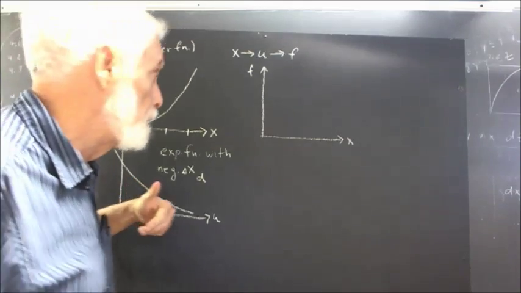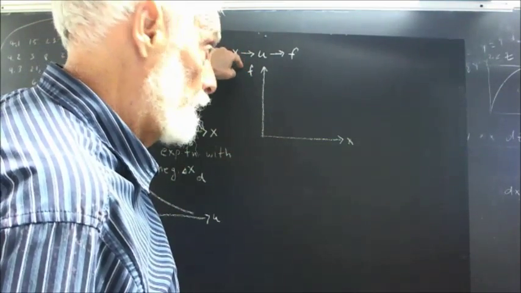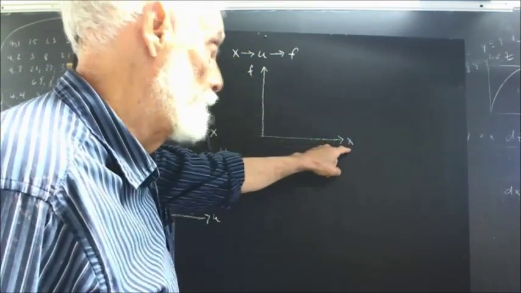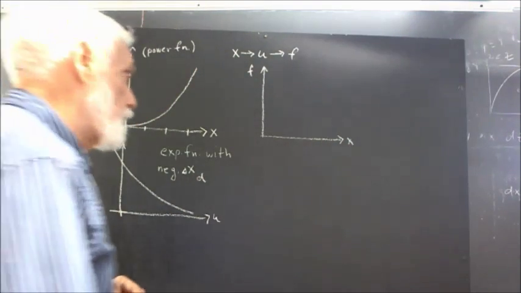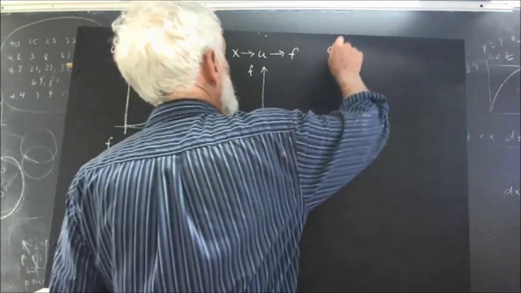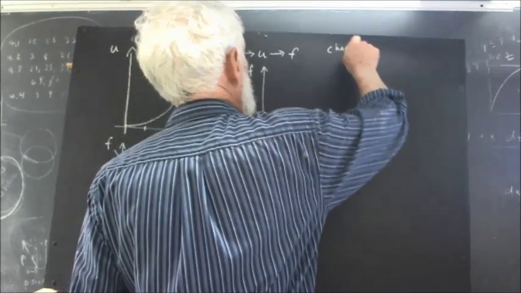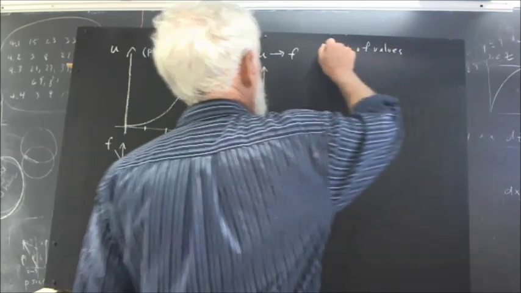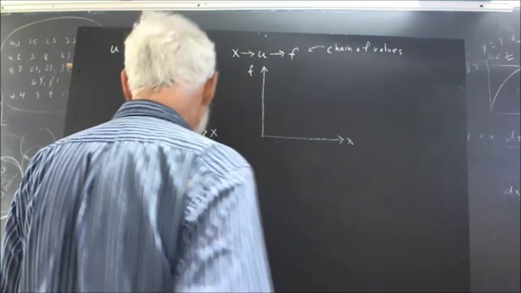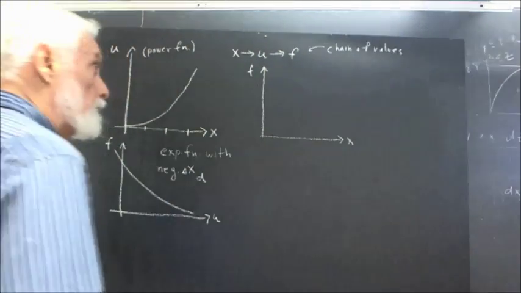And then we're going to have a graph that shows the value of f versus the original value of x. Okay, and this is a chain of values, and what then we have is a chain of functions.